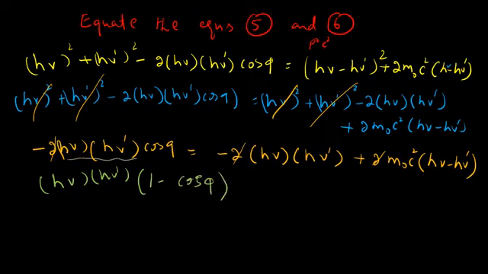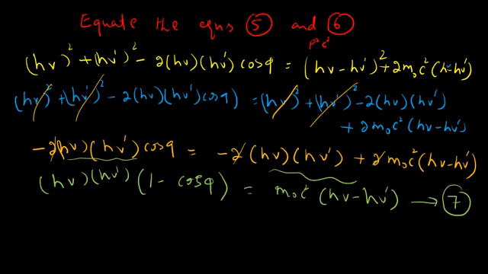So by joining this one and this one, you will get h mu into h mu prime into (1 minus cos of phi) is equal to m naught c square into (h mu minus h mu prime). So our equation will be like this, and this is our equation number 7.